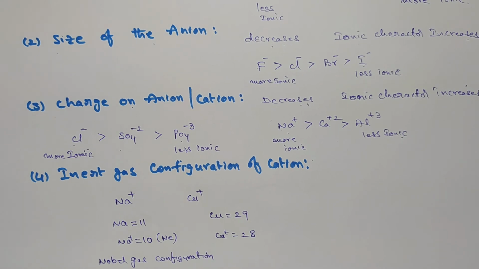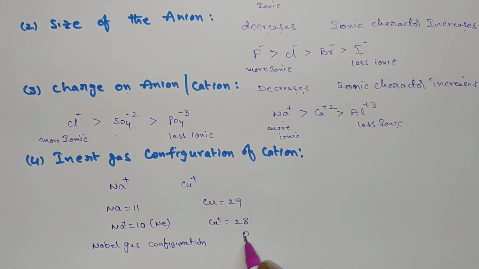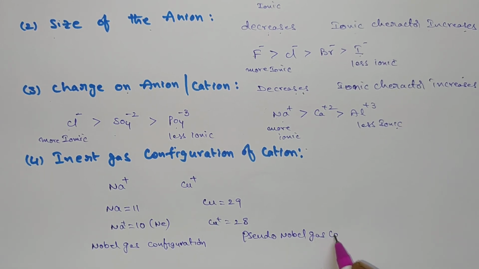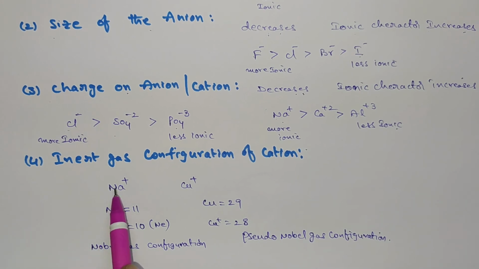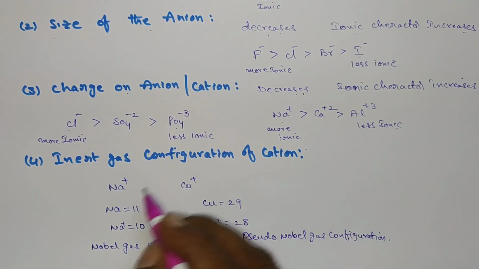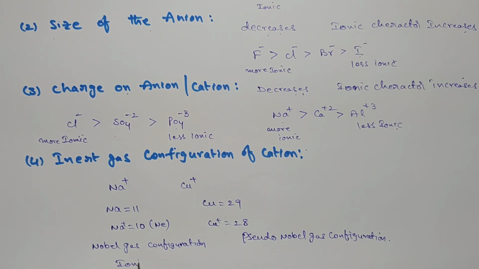This is called noble gas configuration or inert gas configuration, and this is called pseudo noble gas configuration. The cation with inert gas configuration will possess ionic nature, whereas the cation with pseudo noble gas configuration possesses covalent nature.